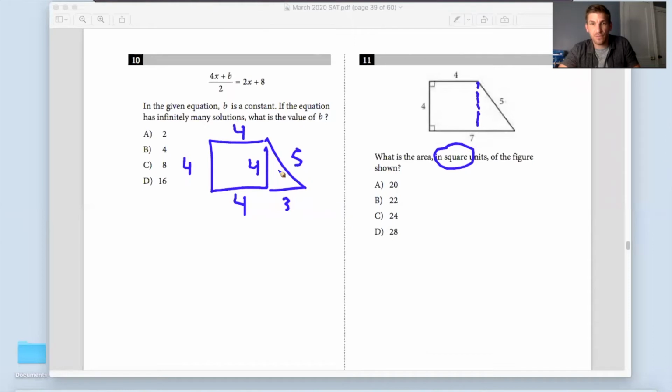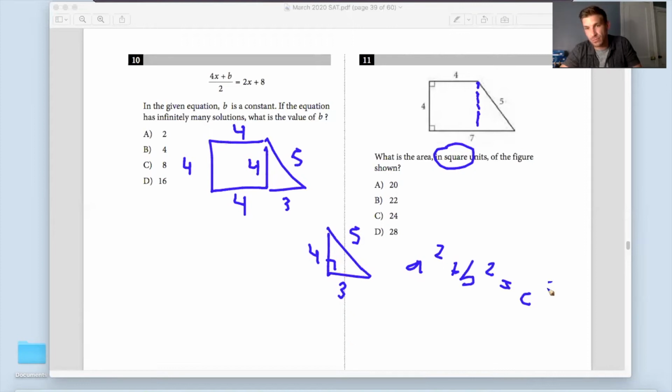Now, if you don't remember that this is a 4, either because of the square, you could theoretically solve, or remember that it's a 3, 4, 5 triangle, because of special right triangles. And if you forget that too, then you could use the Pythagorean theorem. So there are lots of different ways to do this. But hopefully you recognize that because it's a square, they're equivalent on all 4 sides.